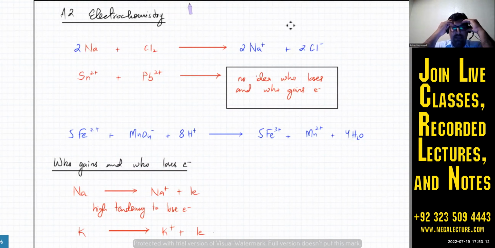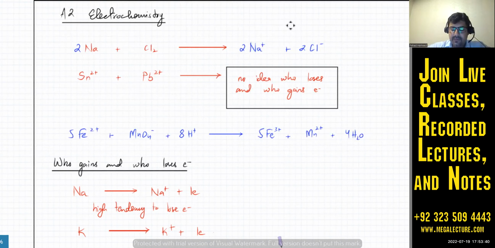Yesterday we said, how do you know whether something is going to lose electrons or gain electrons? Sometimes you know, like sodium is very reactive, so you know that it likes to lose electrons, and it likes to lose electrons a lot. But then there are other substances, like the copper 1+ ion. I don't know whether it wants to form copper 2+ or whether it wants to form copper, whether it wants to get oxidized or reduced. I have no idea.